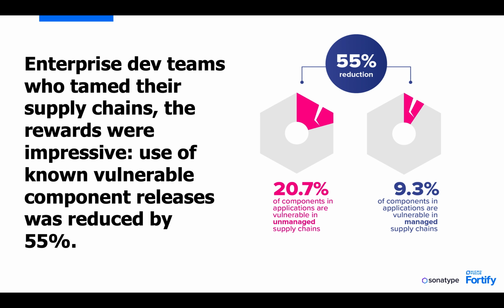So for the enterprise dev teams who control their supply chains, the rewards are impressive. Just by brushing your teeth, asking what known vulnerabilities I have in my application, and applying some kind of basic policy that denotes what types of risk, based on either CVSS scoring or some other metric we want to leverage to understand the impact and likelihood of these exploits in our applications, risk was reduced by 55%.